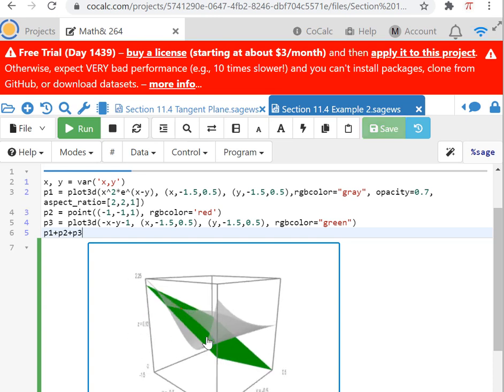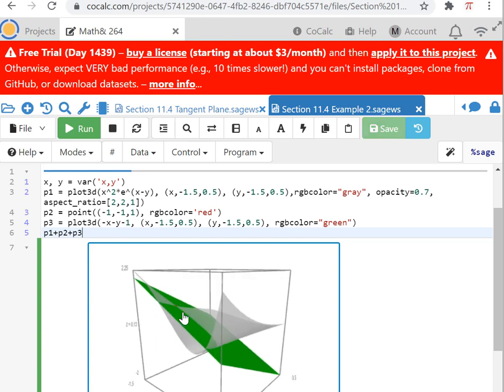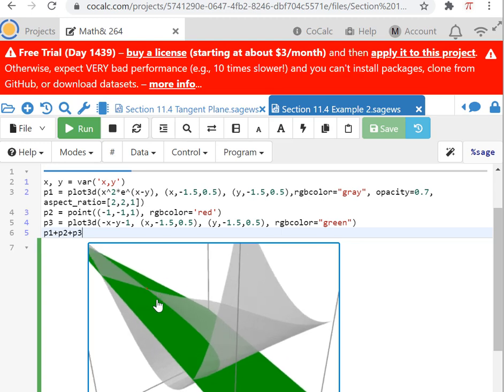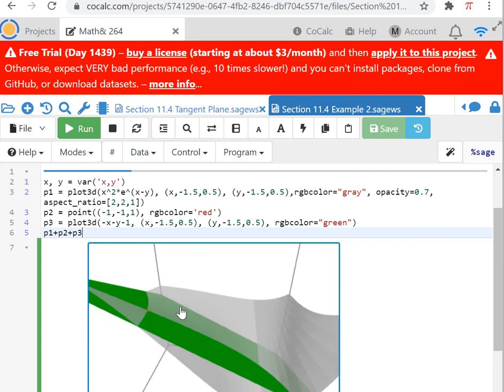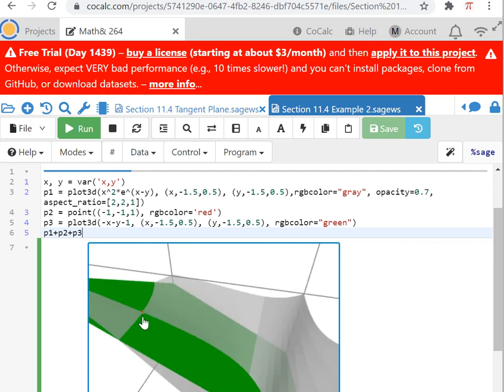And this one's kind of an interesting one in that I think we could all agree that this tangent plane is doing a really good job of approximating the surface at that point. But over in certain regions, right after that point, the surface pops up above the plane.